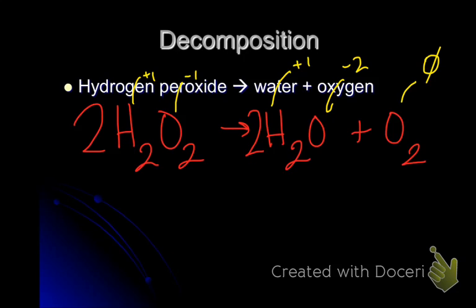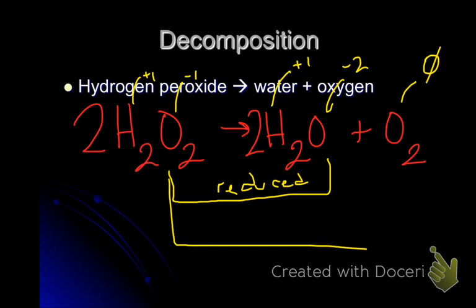So we actually have a really interesting thing going on here. Some of the oxygens in H2O2 are being reduced when they go from the peroxide to the oxygen in water. And then some oxygens in the H2O2 are actually being oxidized as they go from -1 in the peroxide to 0 in the elemental.